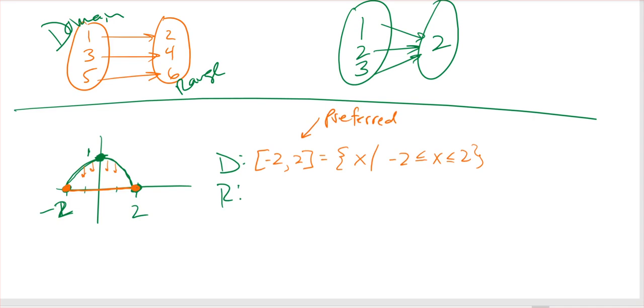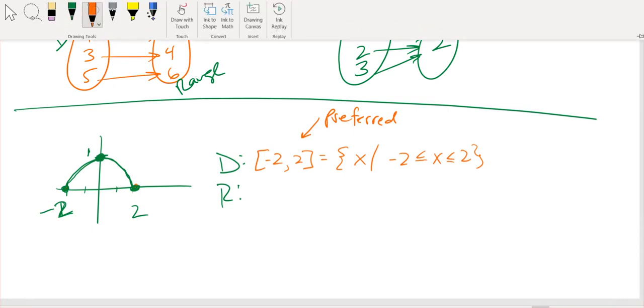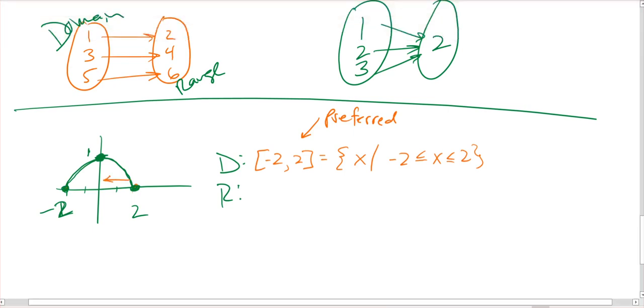Okay, so we can do the same thing with range, right? If I'm looking at my original graph, now we only care about the y values. So we can do the same thing. If we squished everything over to the y-axis, that's going to show us where the y values of these ordered pairs are, right?